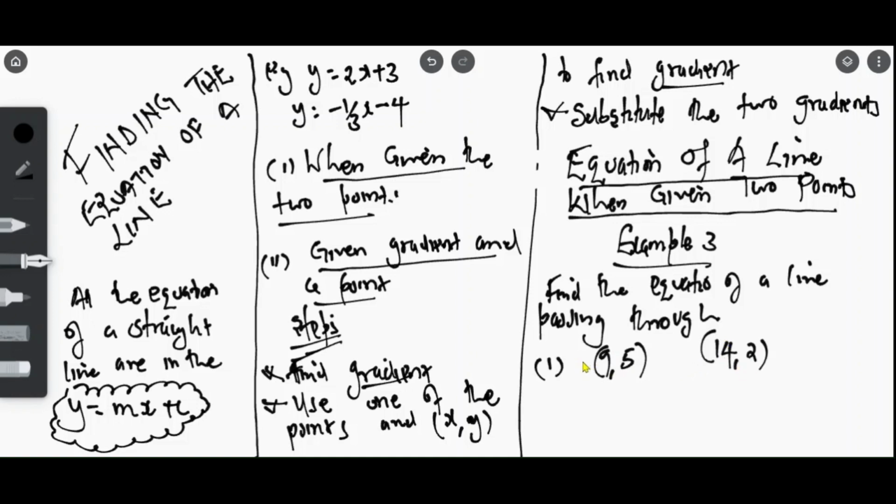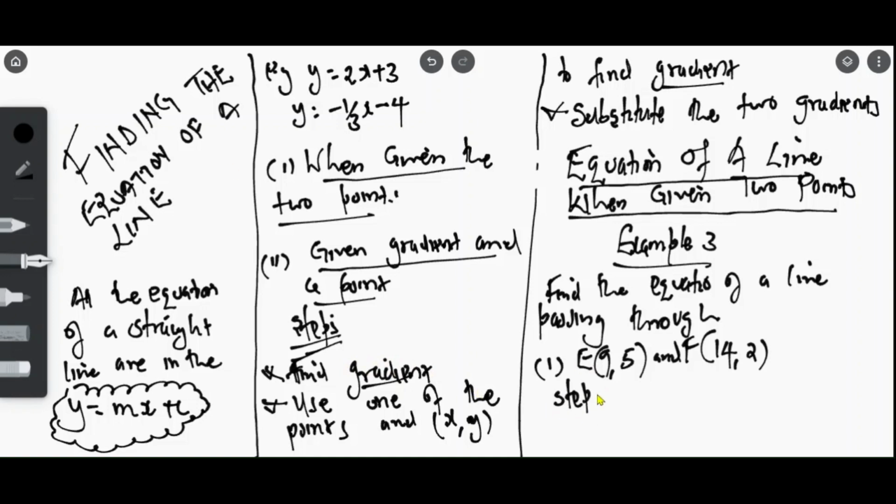This is point E, and this one is F. So a line passing through these 2 points. So the first step is to find the gradient, so step 1.